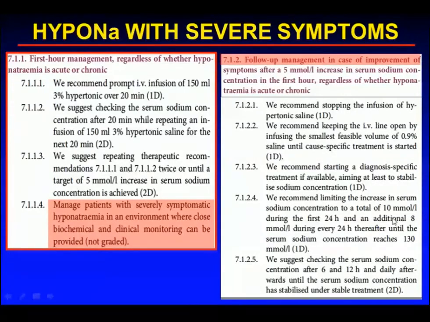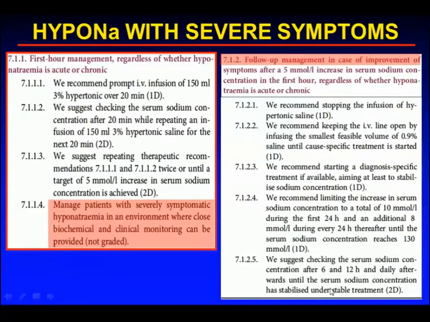But what is very important is the rapidity of increasing natremia. And you can see that we recommend limiting the increase in serum sodium concentration to a total increase of 10 millimole per liter during the first day, and an additional 8 millimole per liter every day thereafter, until serum sodium concentration reaches 130 millimole per liter.